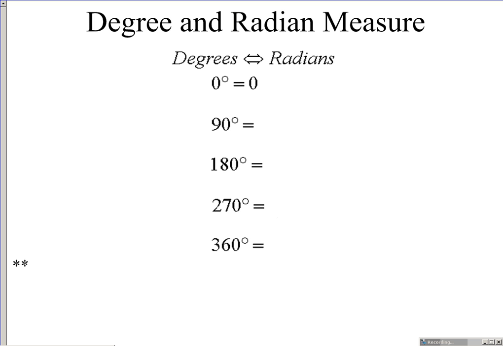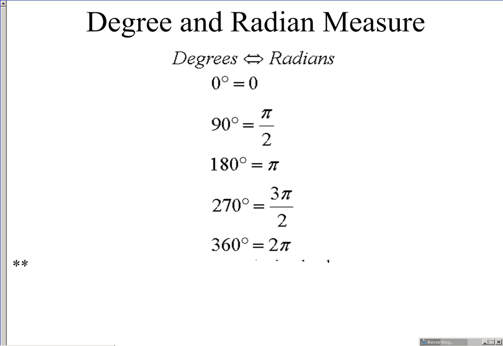0 degrees is 0 radians. Pi over 2 is 90 degrees. Pi radians is 180 degrees. 3 pi over 2 is 270. And 2 pi is 360 degrees.